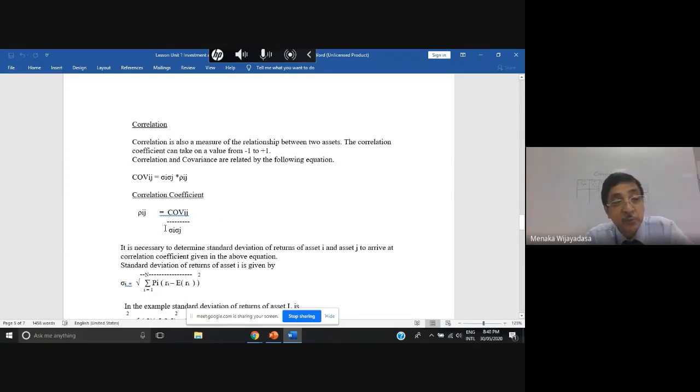Then you need to divide it by the standard deviation of L and the standard deviation of M. Now I am referring to the covariance LM, which we have already calculated. When we calculate that, we can go into the correlation coefficient also.